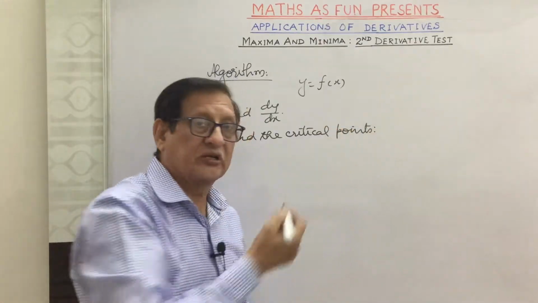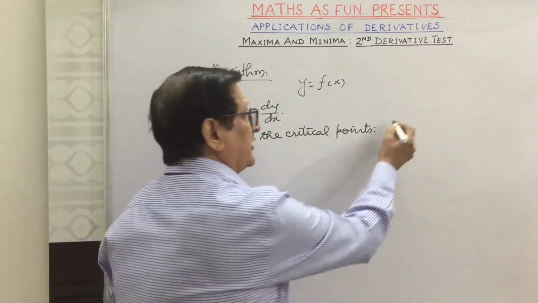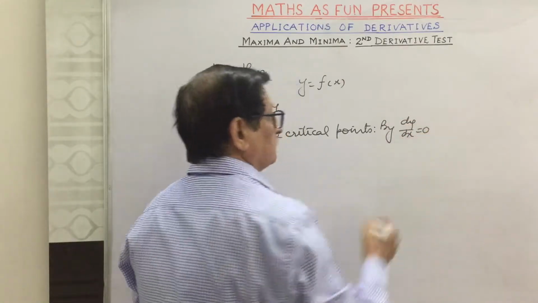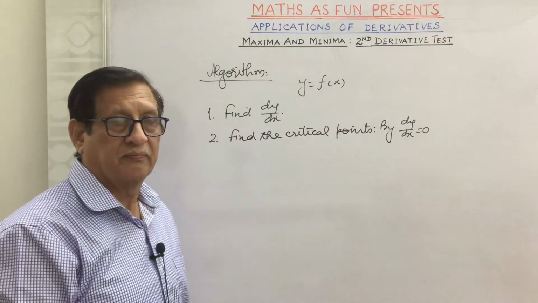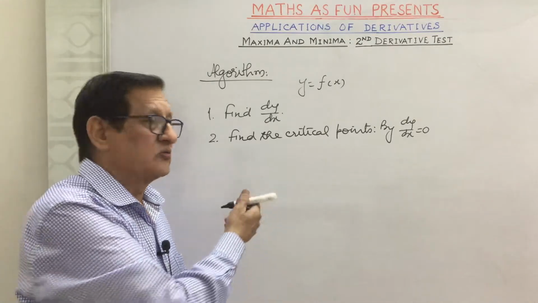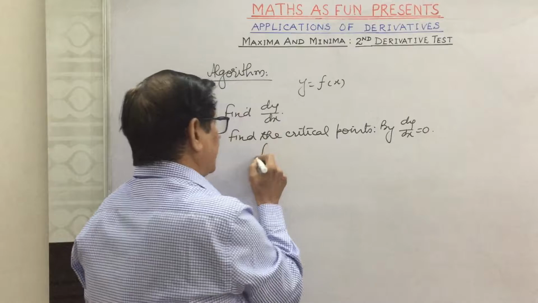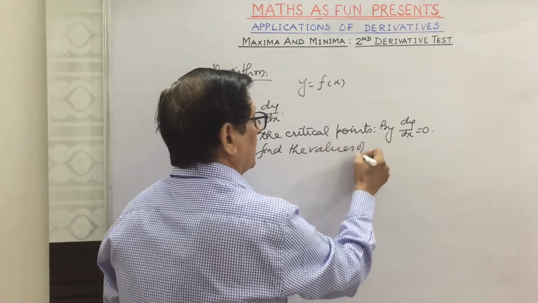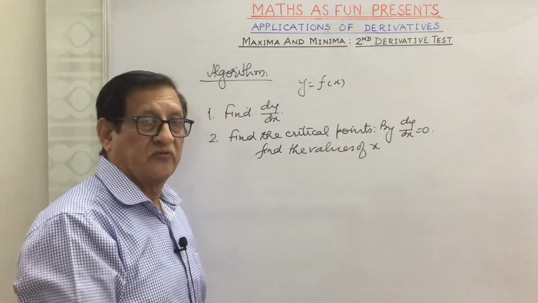And we know how we can find the critical points, that is by putting dy by dx equal to 0. We will find all the values of x from this.